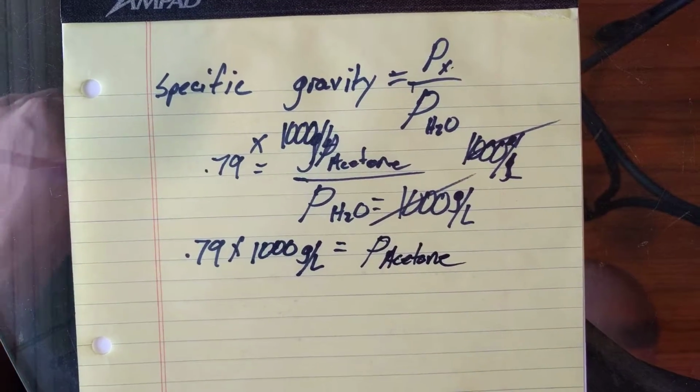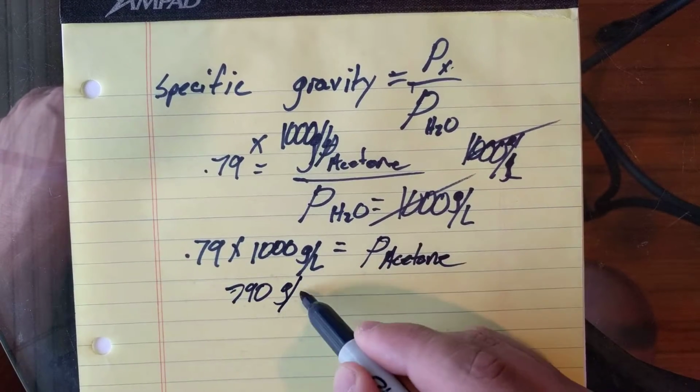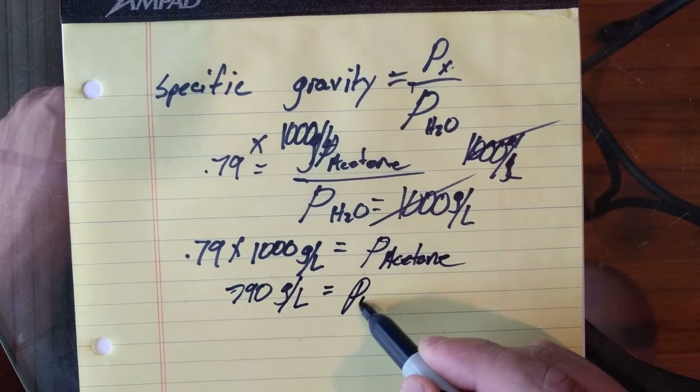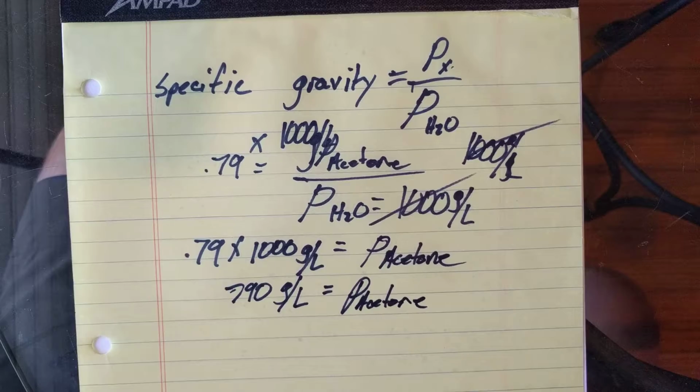Okay? Now I have 790 grams per liter is the density of acetone. That's all you're doing whenever you're using specific gravity.